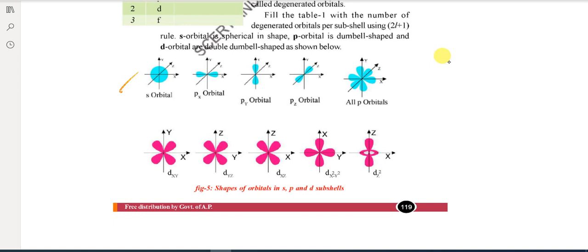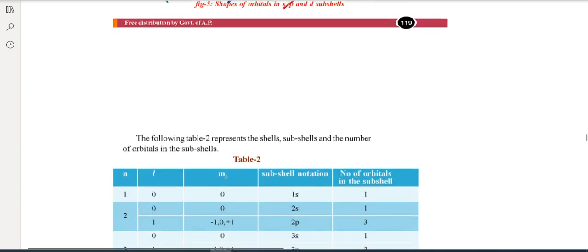You know already, double dumbbell shape, in between axes: xy, yz, xz. Don't write square here. Okay, xy, and on the axis you must draw on the axis only, x square minus y square, z square, like that. So it is very important.